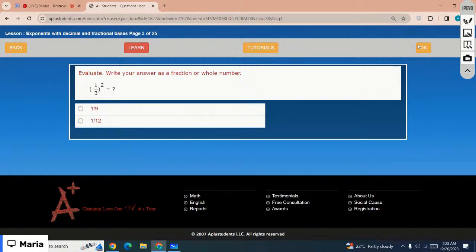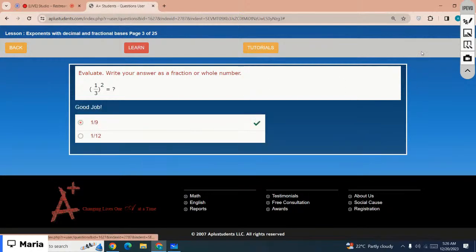Okay, the next one is evaluate 1 over 3 exponent 2. So which is the correct option? You have to do 1 by 3 times 1 by 3. Numerator times numerator and denominator times denominator. So the correct option is, yes, that is 1 over 9. Option number 1 is the correct option.